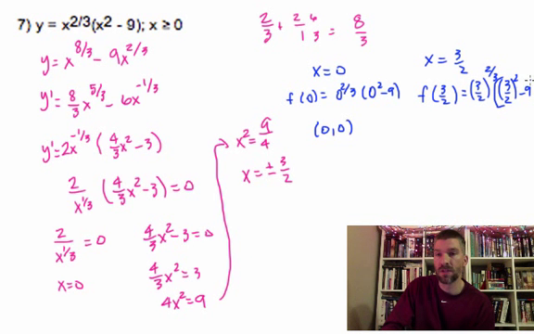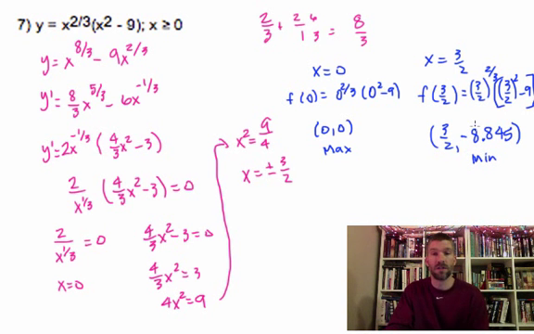And I went ahead and punched this in on my calculator because I don't carry around all these different fractions in my brain. So when x is 3/2, our y value in this case is going to be negative 8.845. And you can double check me, punch that into your own calculator, make sure I did it right. So in this case we were looking at a max value here, and in this case we're looking at a min value of the original function here.